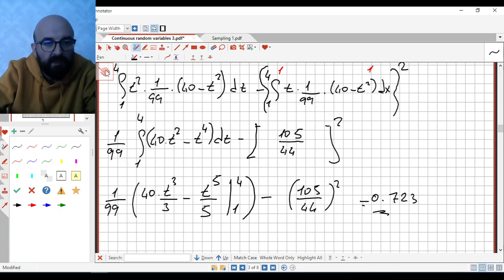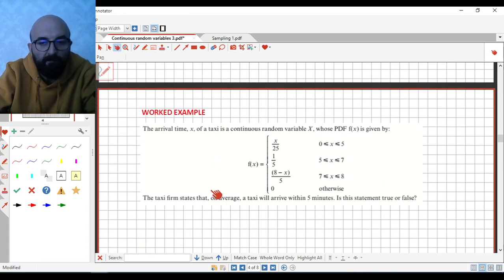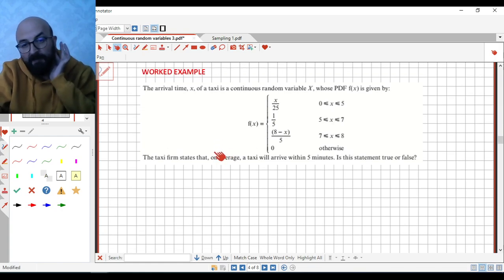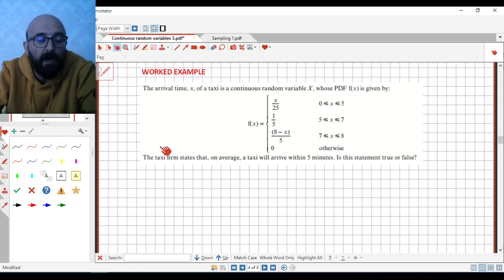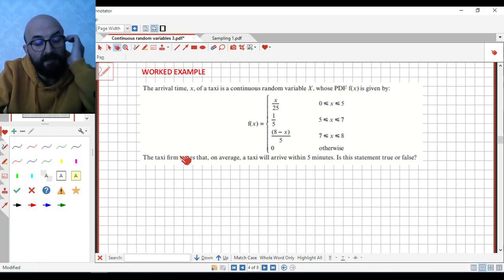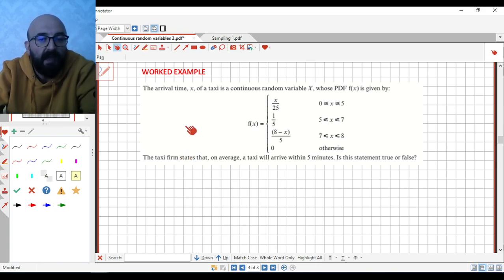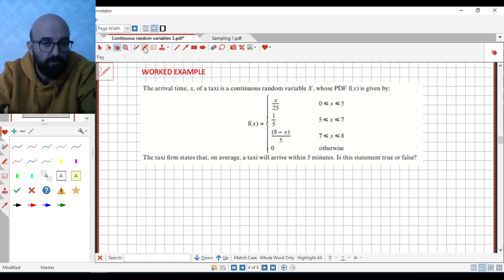Okay, now we have one more worked example about mean or expectation and variance. The arrival time x of a taxi is a continuous random variable x whose PDF is given like this. The taxi firm states that on average a taxi will arrive within 5 minutes. Is this statement true or false?